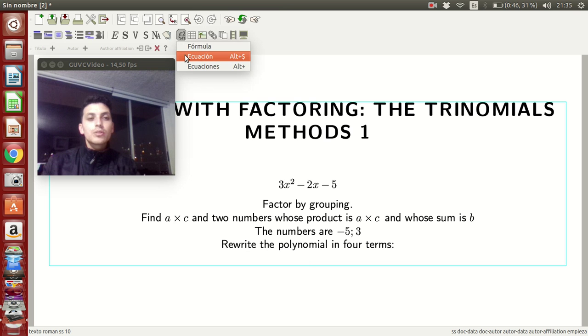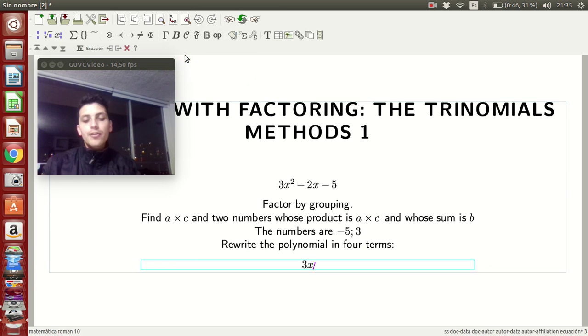So I'm going to rewrite the polynomial: 3x squared plus 3x minus 5x minus 5. As you can see, I just changed negative 2x for plus 3x minus 5x. So negative 5x plus 3x is negative 2x.